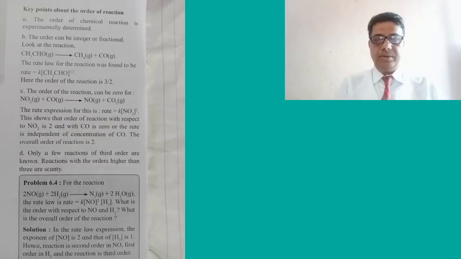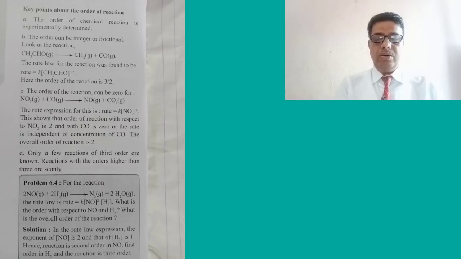For the reaction 2NO gas plus 2H2 gas gives N2 nitrogen gas plus 2H2O in vapor form, the rate equation is given: rate is equal to K into concentration of NO raised to 2 into concentration of hydrogen raised to 1.